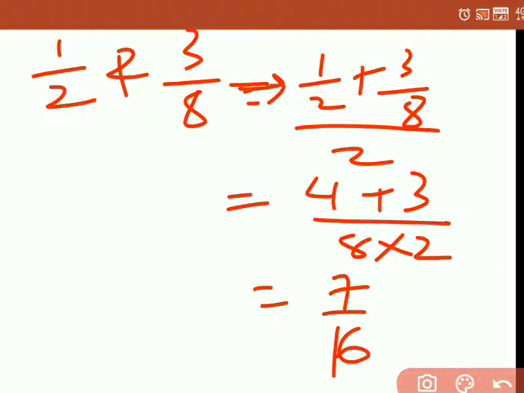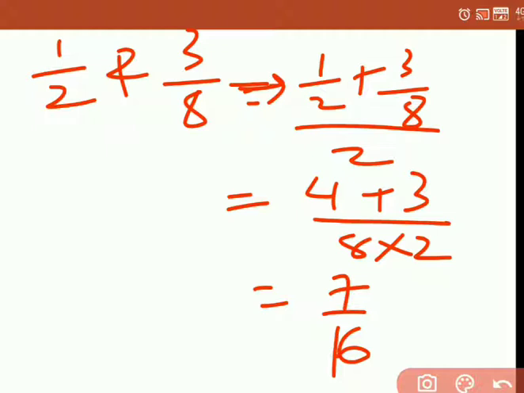And so, keep on doing so, we are able to find the between numbers of given numbers, right?